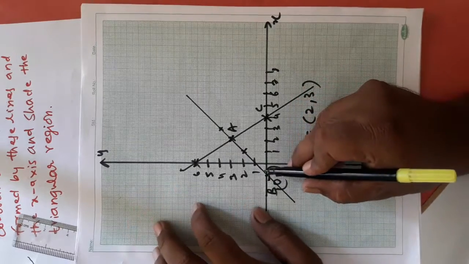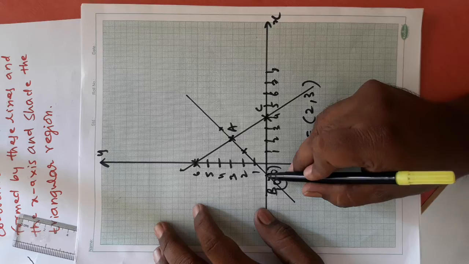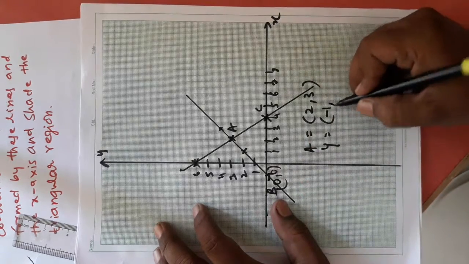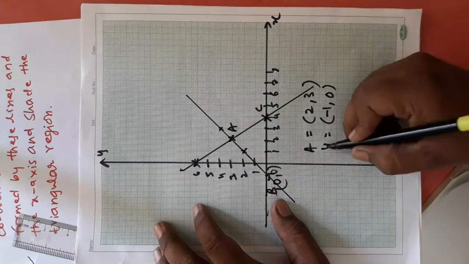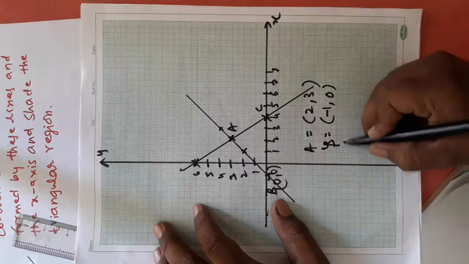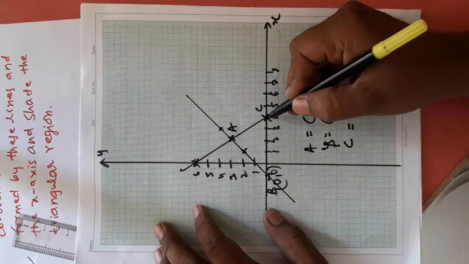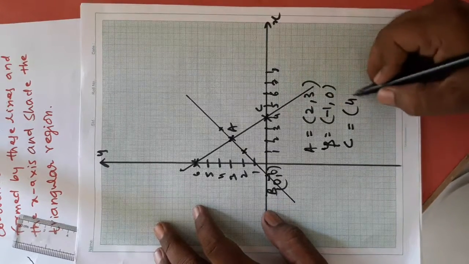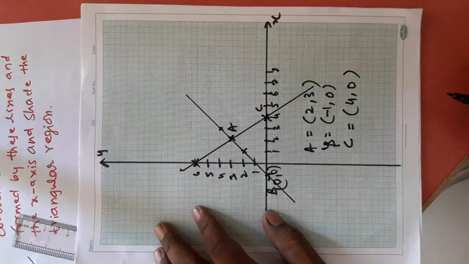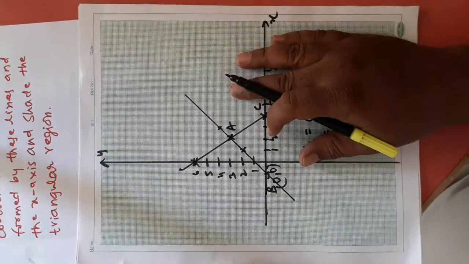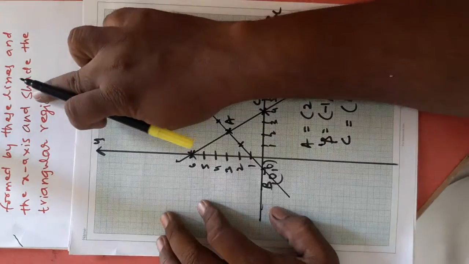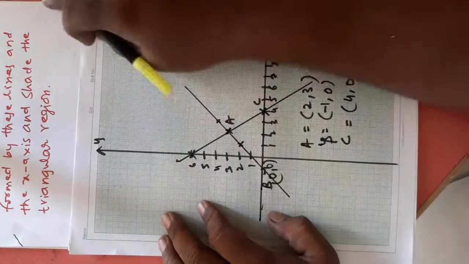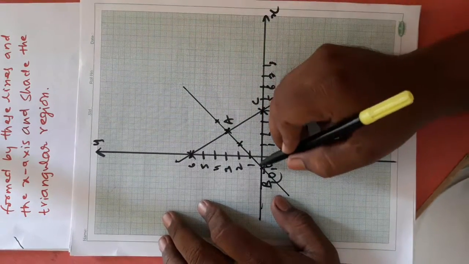This is the point minus 1, 0. This is B. Coordinates of this point C are 4 comma 0. And they asked us to shade the triangular region. You can shade it like this.